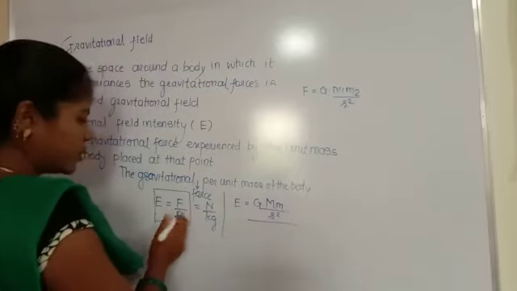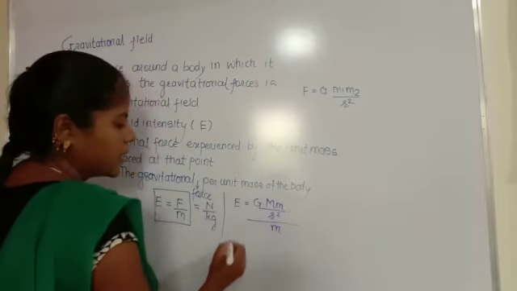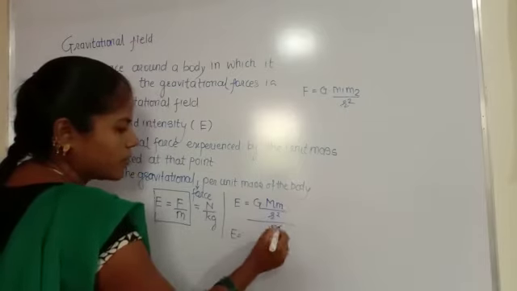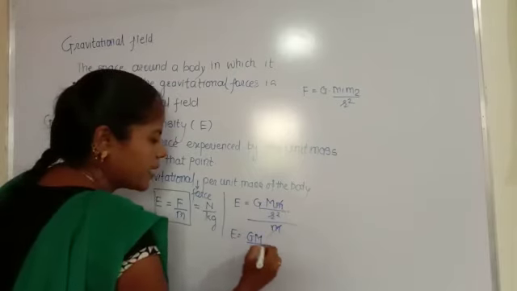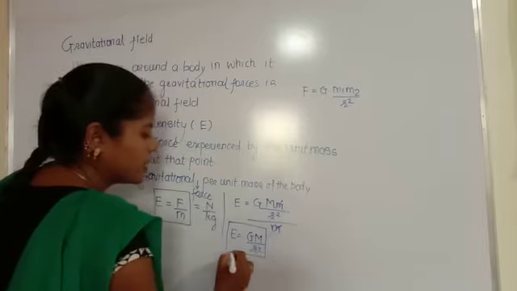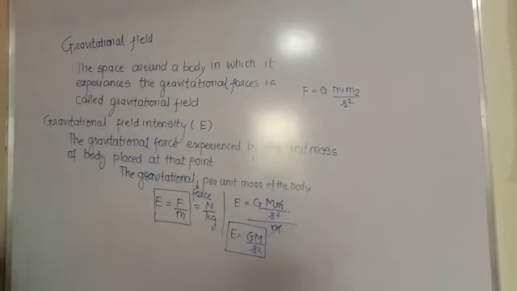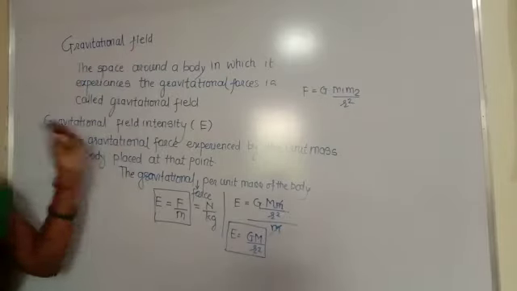According to this expression, F by m means we divide by m here. Therefore E is equal to, m cancelled, we get G M by R square. So this is also the formula for the gravitational field intensity: E is equal to G M by R square. Okay, so these are the two definitions, gravitational field and gravitational field intensity.